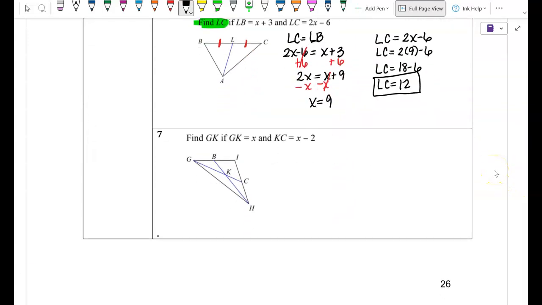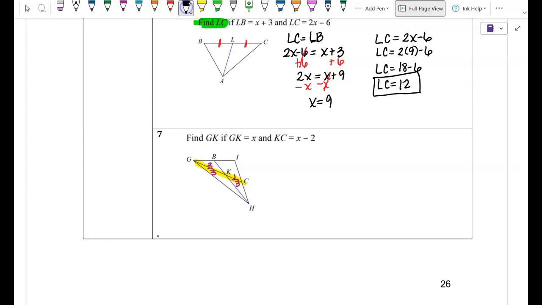All right, then number 7, find GK if GK equals x and KC equals x minus 2. So again, we're talking about this segment here. GK is the 2/3. KC would be the 1/3. But again, this time they're talking about both parts.